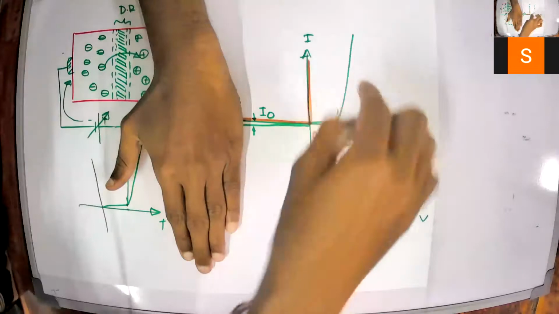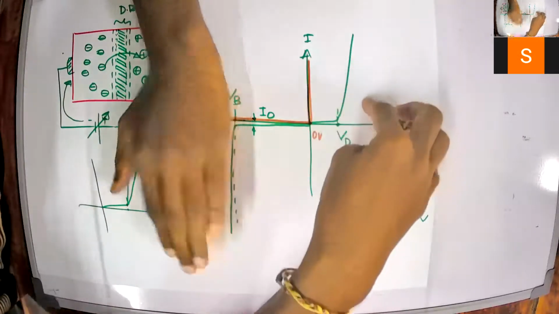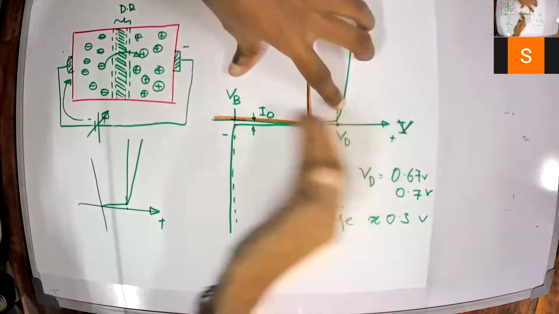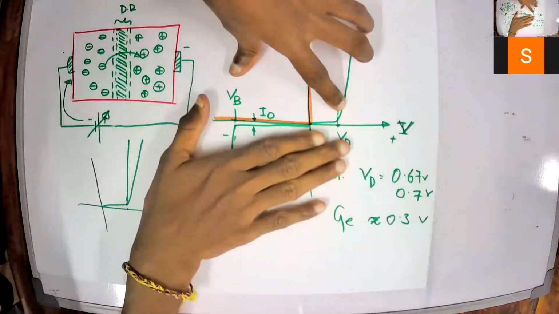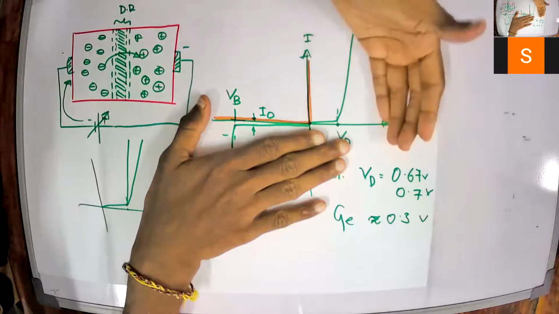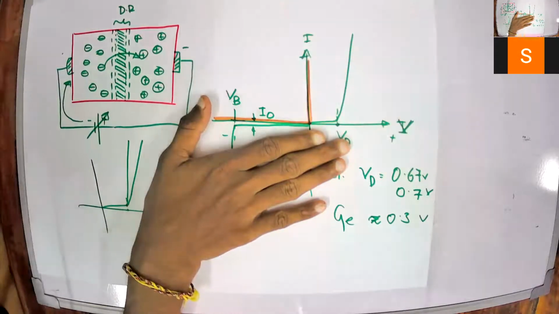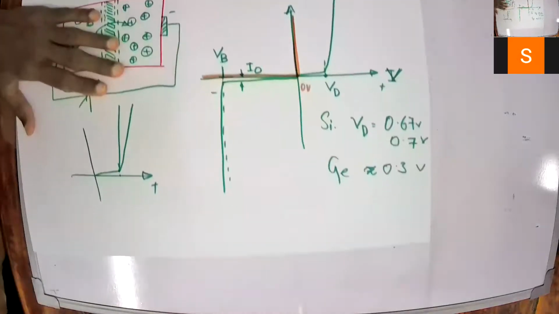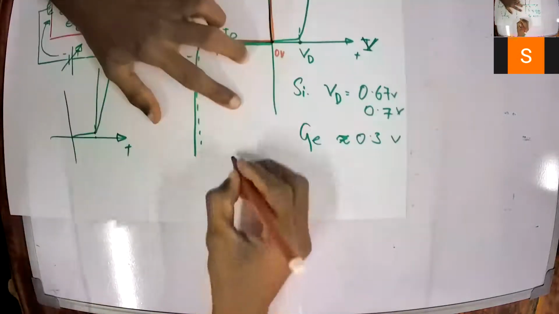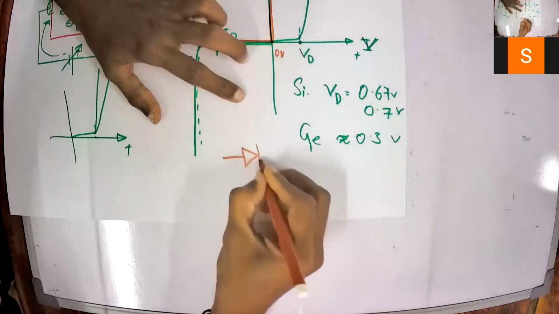By seeing this IV characteristic, you can say that below VD, your diode will not conduct electricity, and above VD, your diode starts to conduct electricity. Am I right? So as a result, I can draw the circuit symbol of a diode.